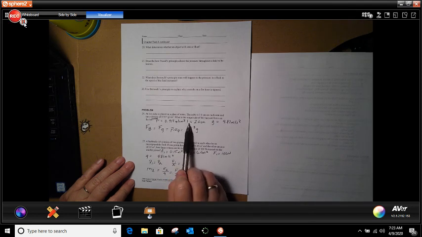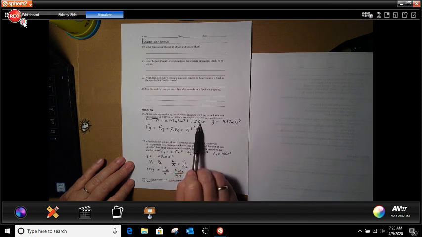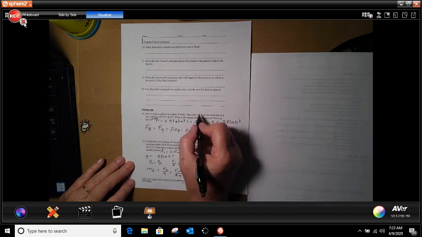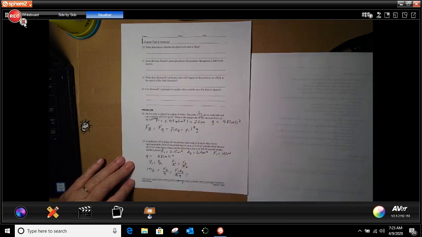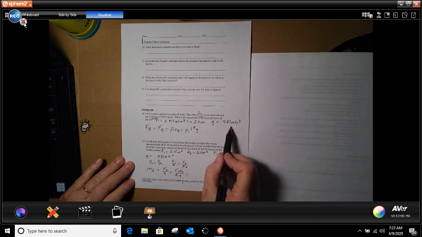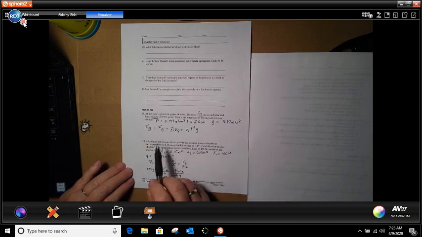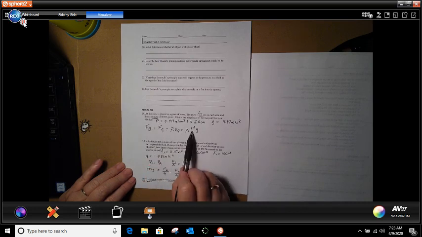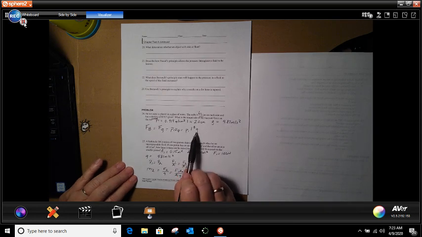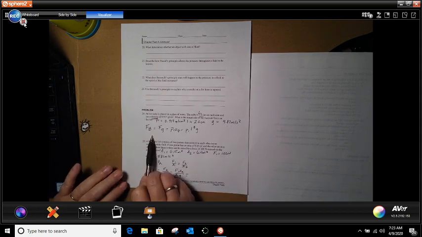L is 2.0 centimeters. L, remember, stands for length. G is gravity, that's universal gravity. For this one here, you're going to take rho times length cubed, because that's 3 sides to the cube that we're doing, right? And then we're going to times gravity to get your answer here.